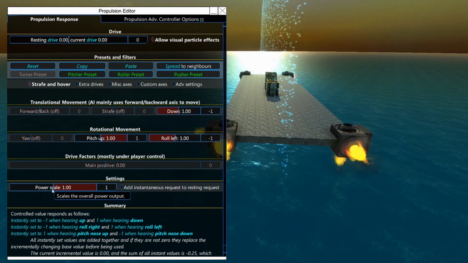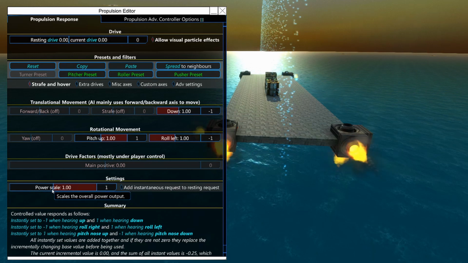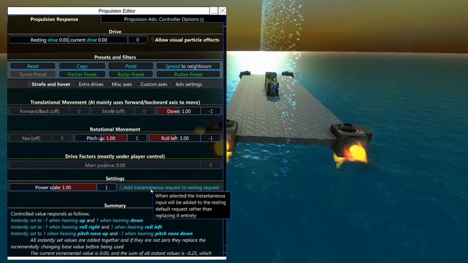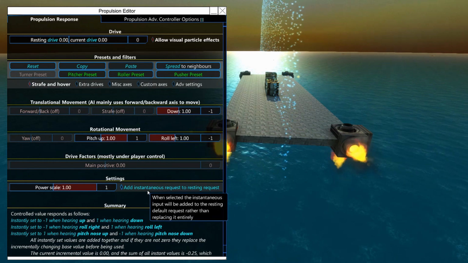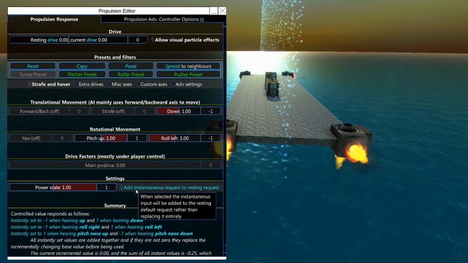Likewise with the settings, unless you want to turn a thruster down, power scale doesn't do you a whole lot of good. Now this checkbox here is a little interesting. It smoothly scales thruster output up and down.